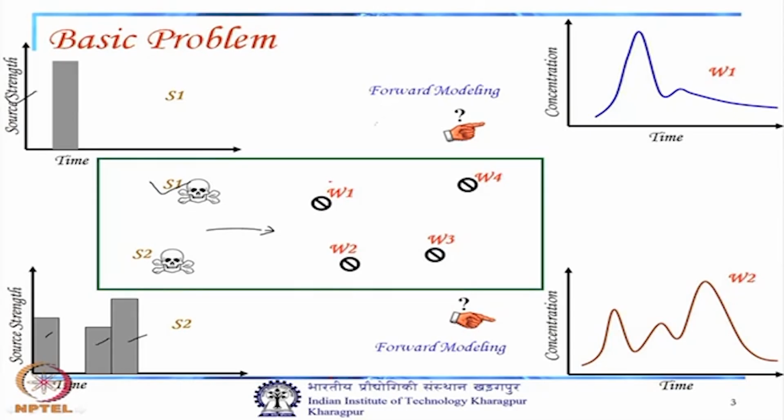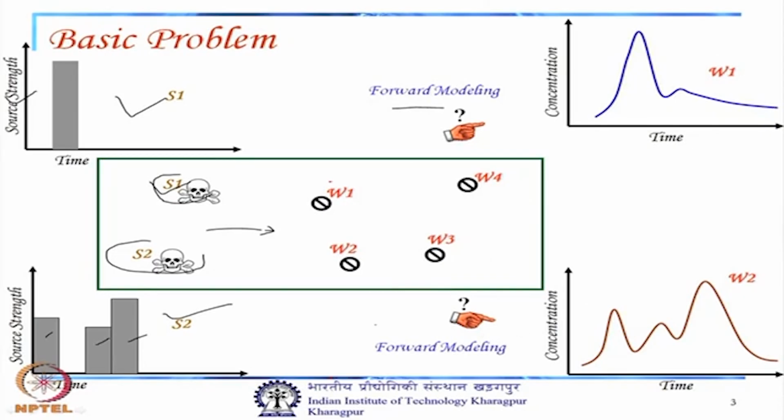In this case, forward modeling will give us, if we have this source and this strength, this source and this strength, some kind of breakthrough curve, that is a time versus concentration curve, for the W1 location like this.